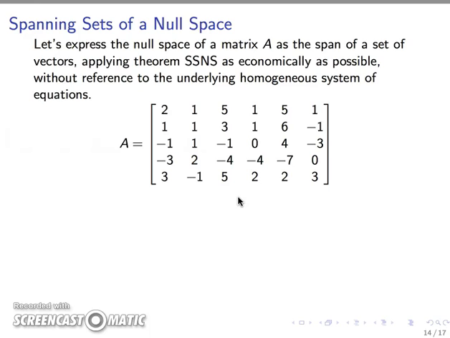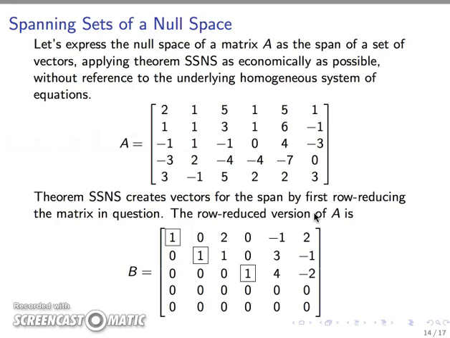Okay, and so here we have an example. This matrix has 6 columns and it has 5 rows, so this is a 5 by 6 matrix. We're interested in expressing the null space exactly as the span of some vectors. What we do first is compute the RREF of this matrix, and this right away tells us, remember, n is the number of columns, so n equals 6 and r equals 3.